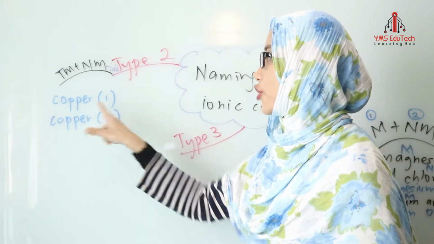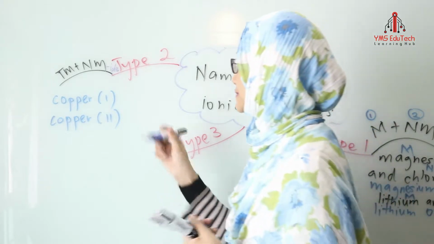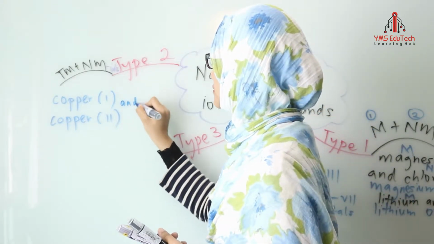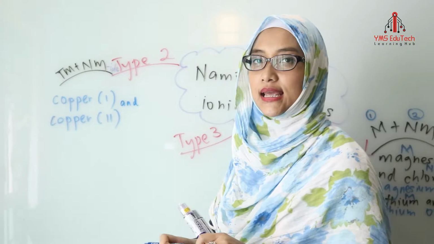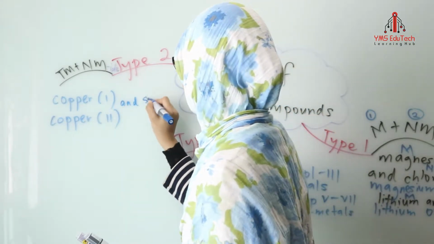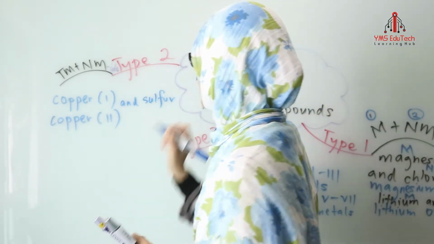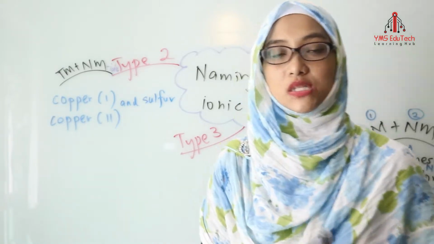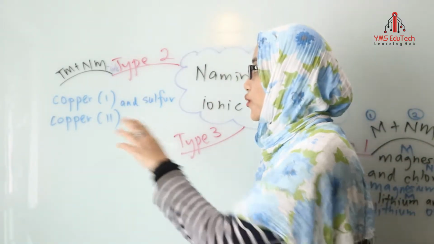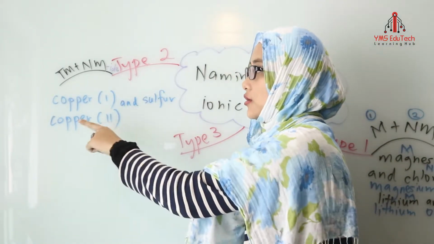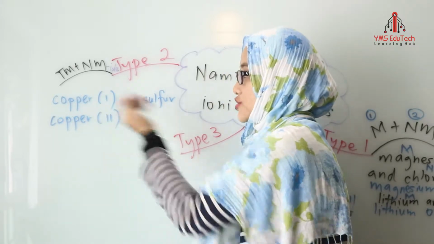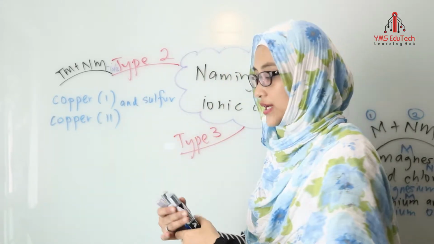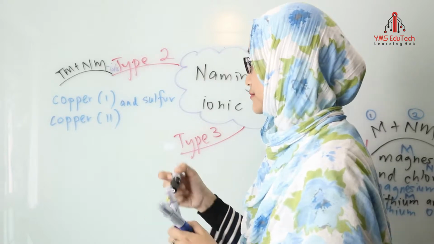So let's say I have copper 1 and sulfur. First we need to identify which one is the transition metal. Copper 1 is the transition metal and sulfur is the non-metal.